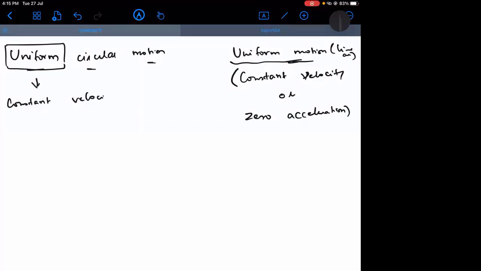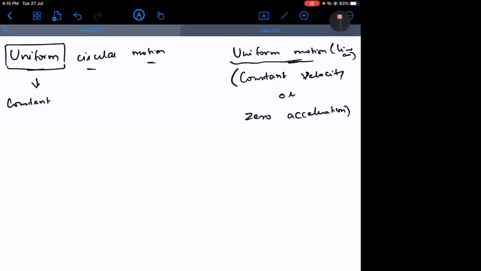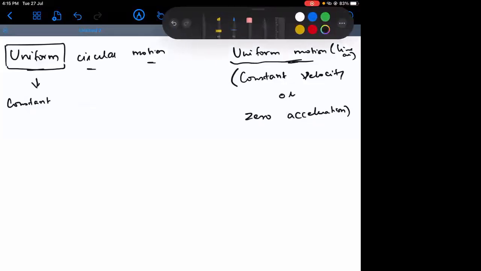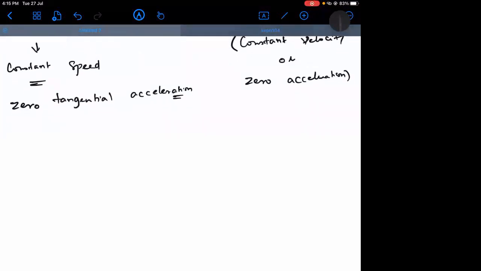Rather, I will not use the word constant velocity, I will use the word constant speed and zero tangential acceleration. So these are the two important things to be understood.